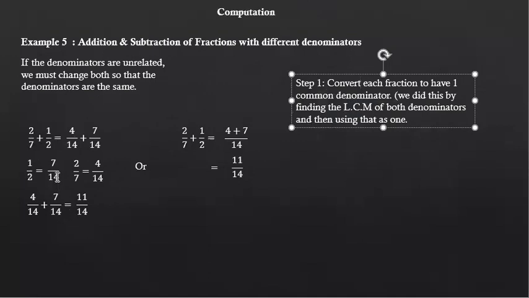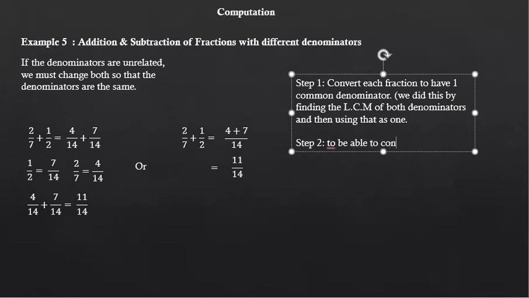And then 2 multiplied by 1 will give us 2. And 2 divided into 14 will give us 7, and then 7 multiplied by 1 will give us 7. So this will give us our next step.